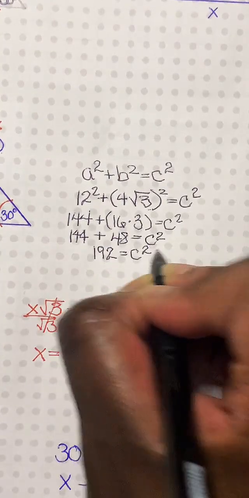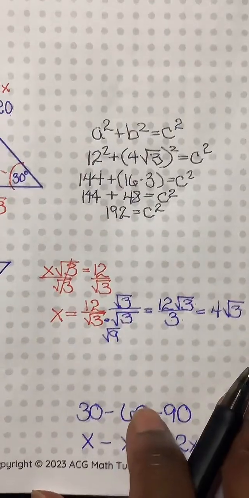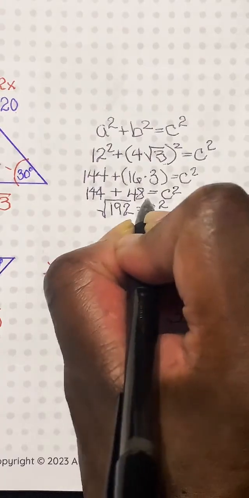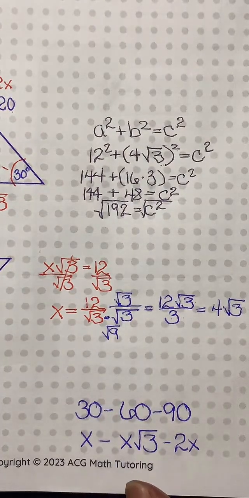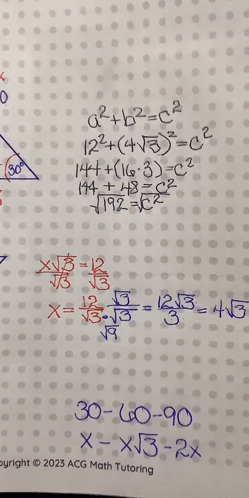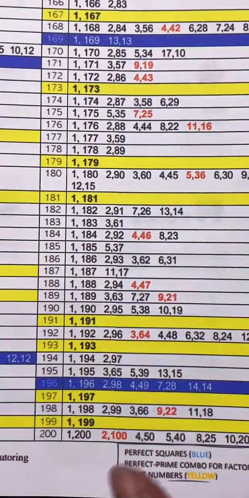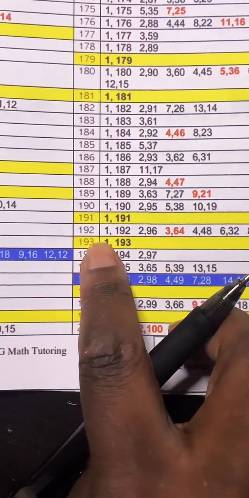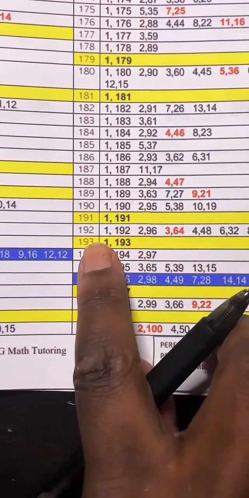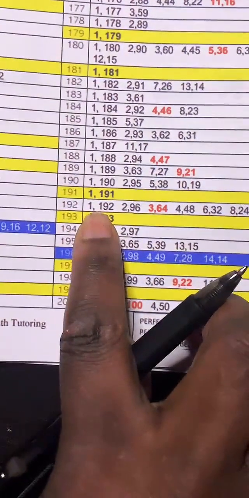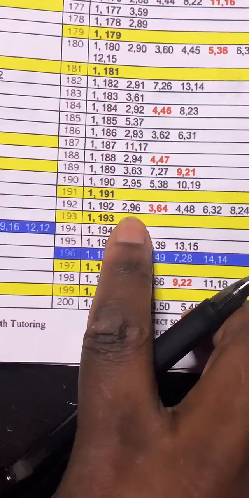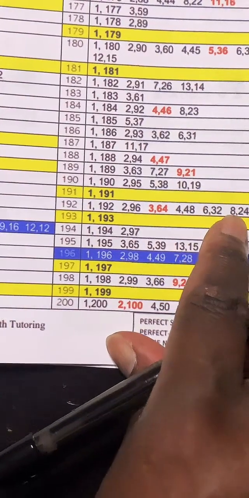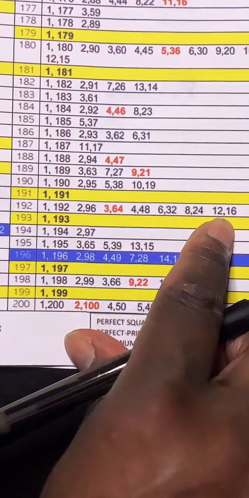c squared. So now we need to figure out the square root of 192. You're like, all right, well, 192, that's not a perfect square. Let's look at the factors of 192. We have 1 and 192, 2 and 96, 3 and 64, 4 and 48, 6 and 32, 8 and 24, 12 and 16.